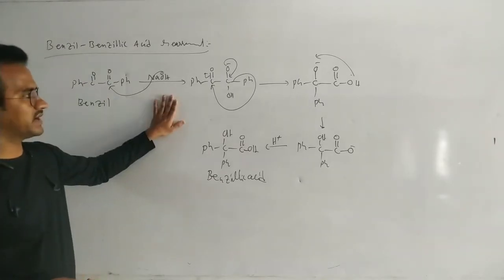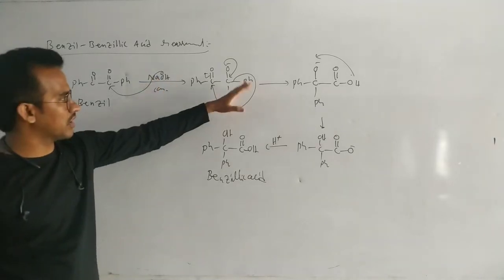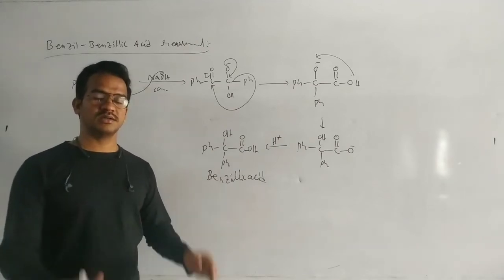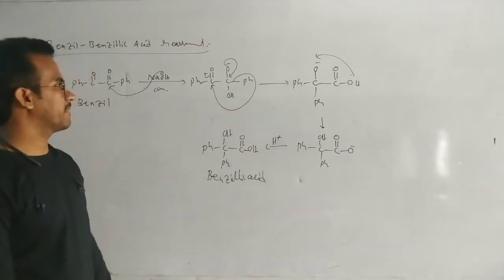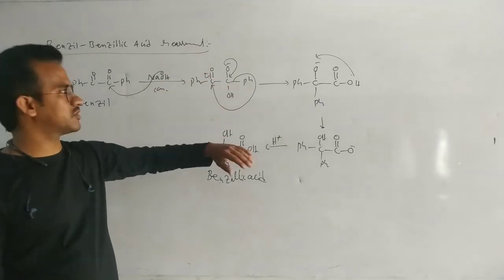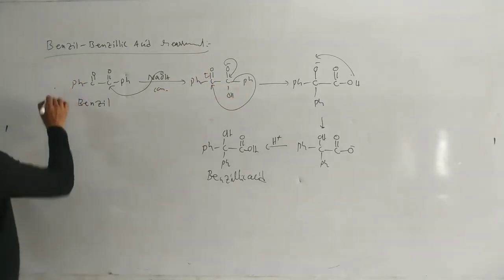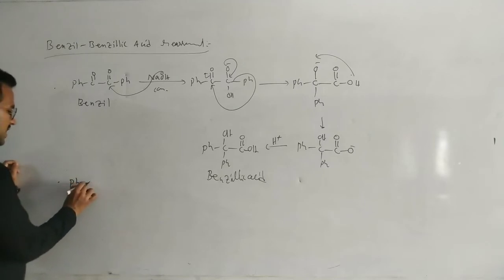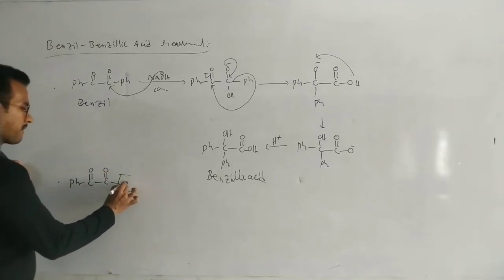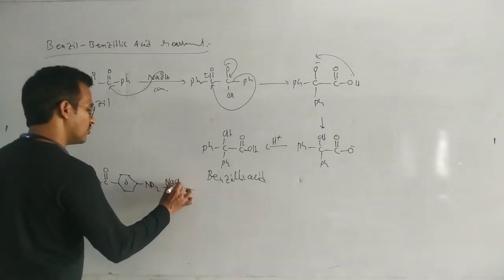Just here, with concentrated NaOH, nucleophile attacking, then alkyl group migration and proton transfer, that's it. Like the Cannizzaro reaction. In the Cannizzaro reaction H minus is transferred, but in this case here an alkyl group is transferred. Now suppose Ph C double bond O, C double bond O, with NO2 here. Now this one treating with NaOH.